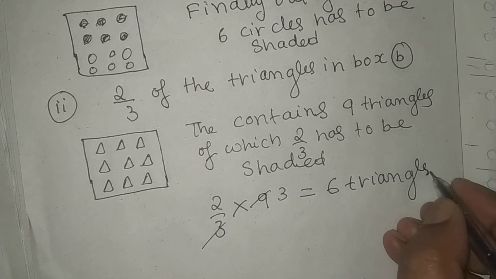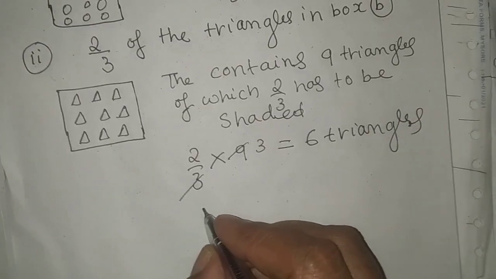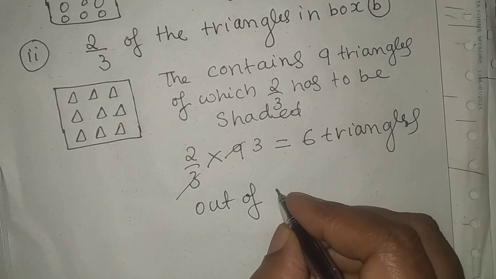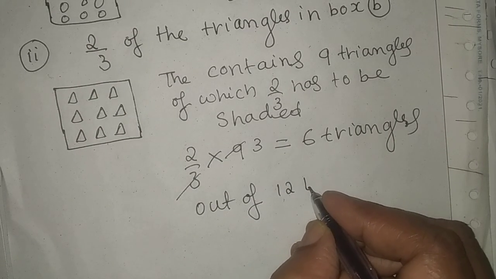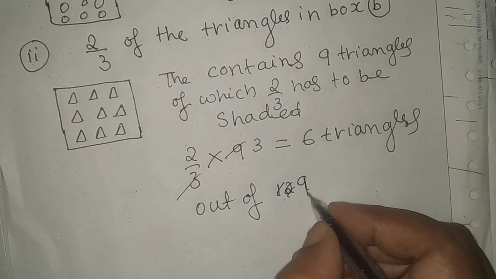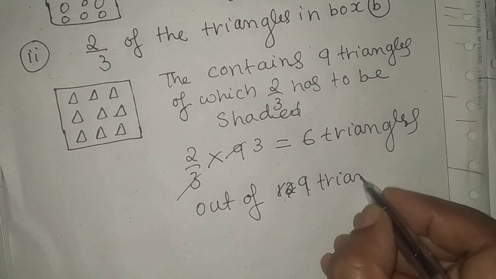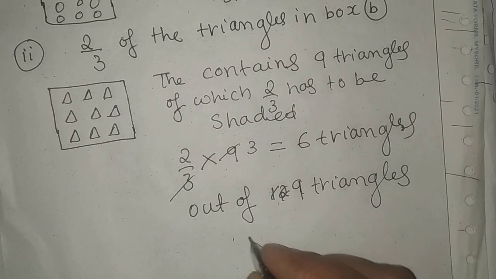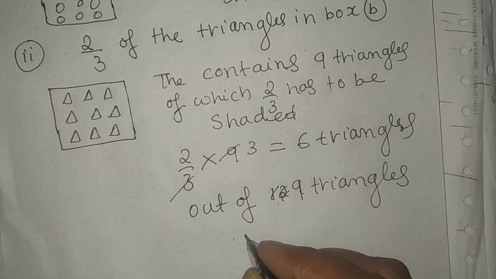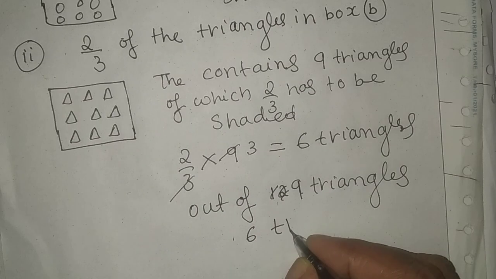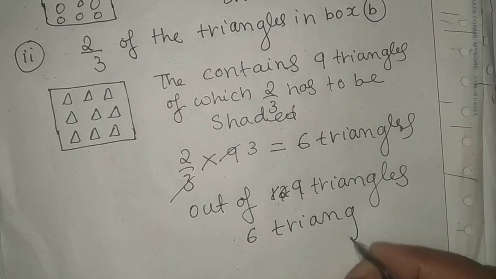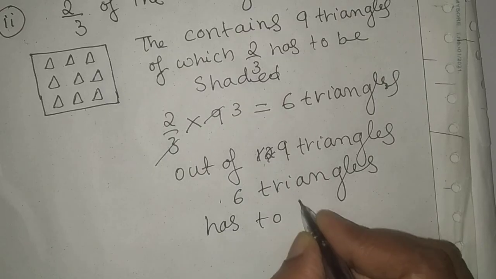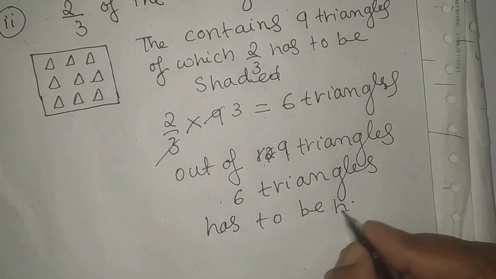So finally we can write as, out of 9 triangles, 6 triangles has to be shaded.